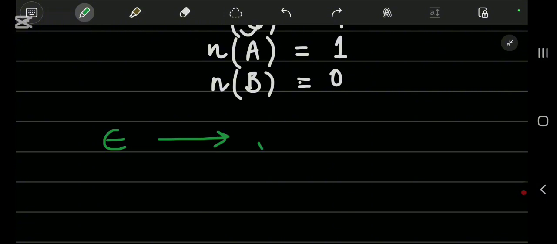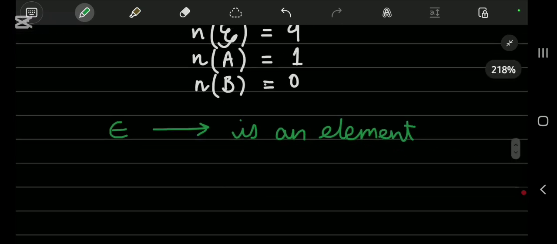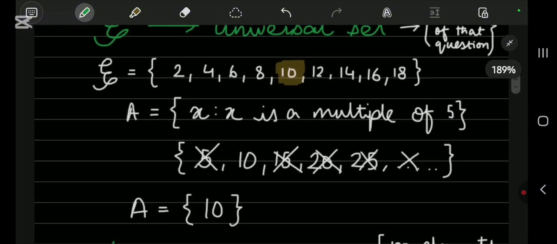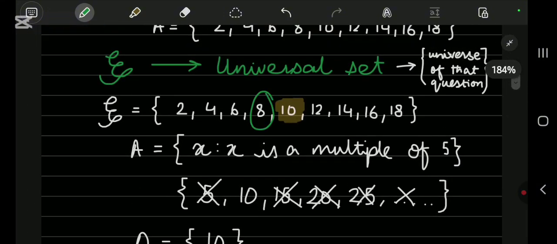So what does this represent? "Is an element of." So if we are writing, let's take any element, let's say 8. We will be writing 8 epsilon universal set, because 8 is an element of the universal set.